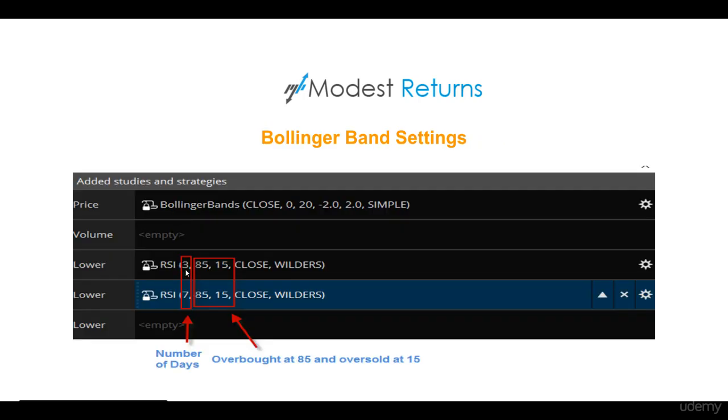So there you have the 3 days, and I have put 85 and 15. 85 is the upper end, 15 is the lower end of RSI, and I have two time frames. One is a 3-day time frame and one is a 7-day time frame. Bollinger Band, I have not changed anything. It's exactly as provided by the software platform.